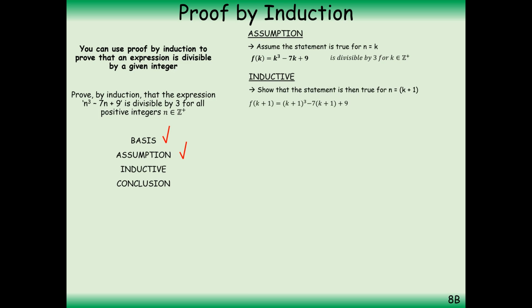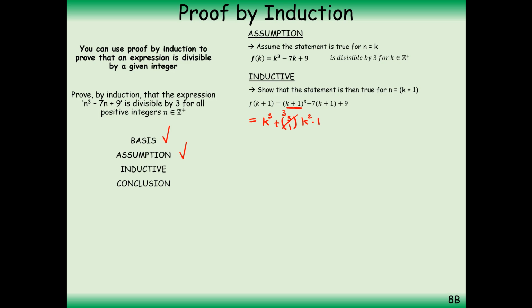All right, if you have done pure maths, if you have done chapter 8, what you do to expand this bracket is you write k to the power of 3. The first binomial coefficient is 3 choose 1, which is simply just 3 times k squared times 1.